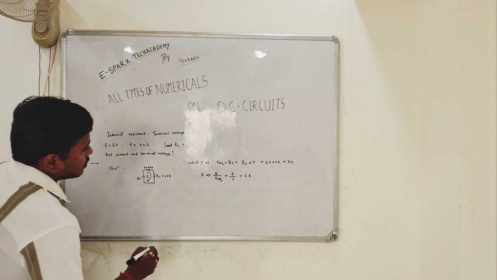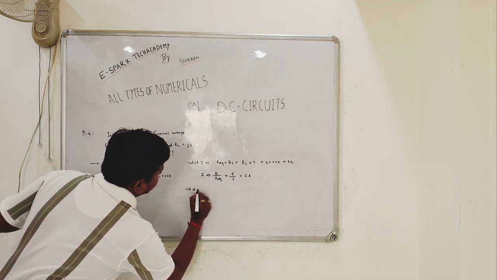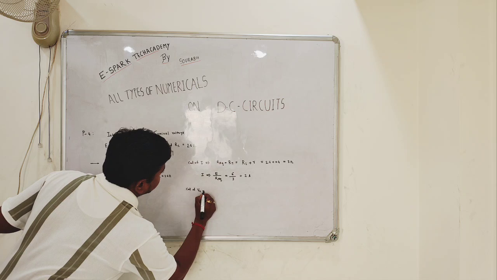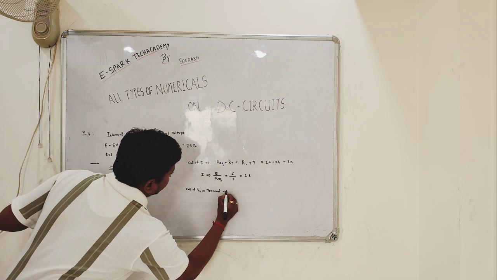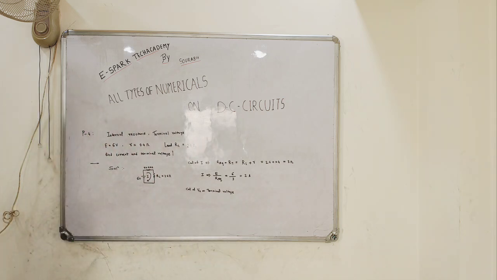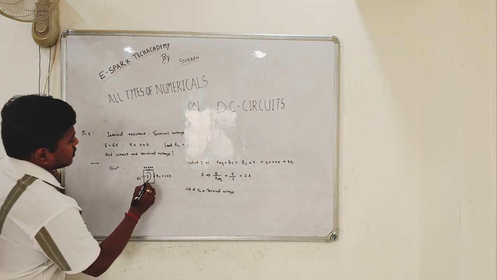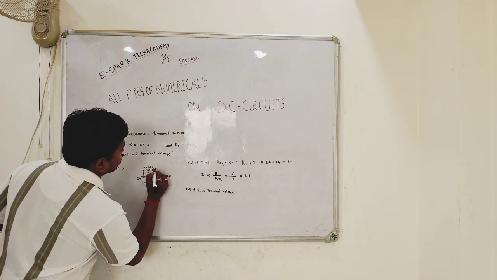Now calculation of VT, the terminal voltage. Now, where will this terminal voltage be? This is a node.